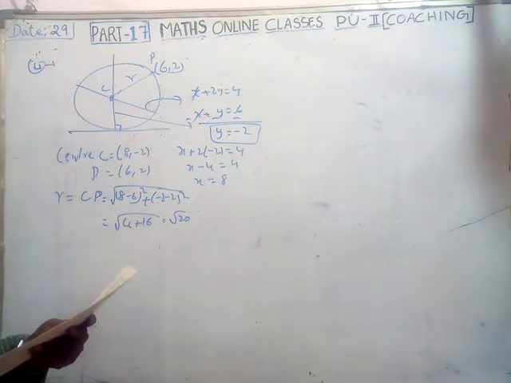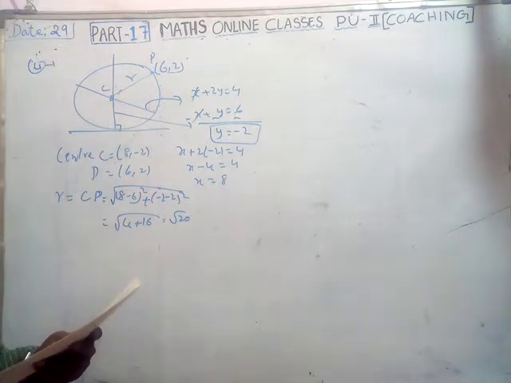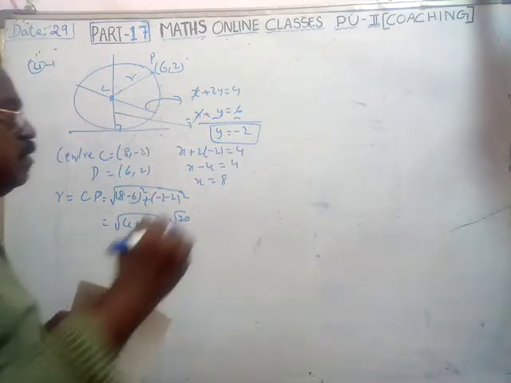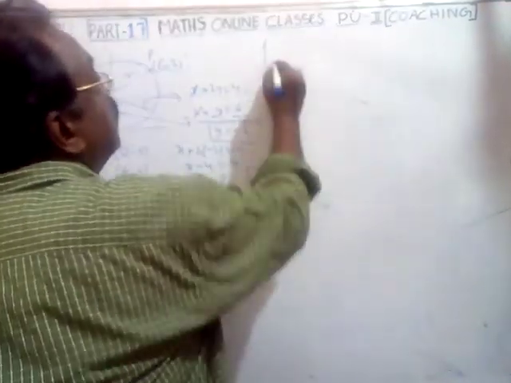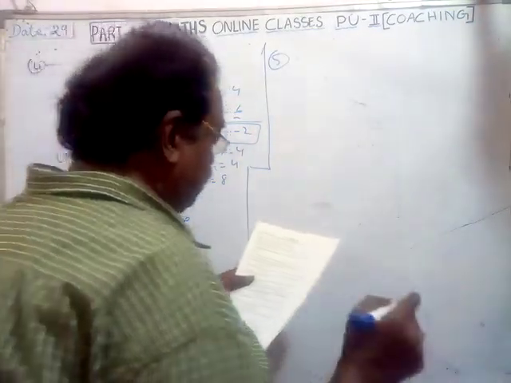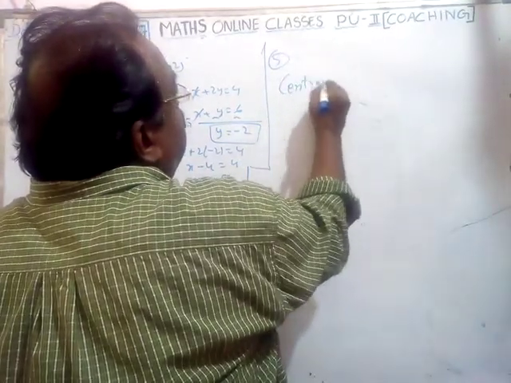The circle concentric with another given circle and the radius 2 units is a very good concept. Please observe. A circle is concentric with the circle.